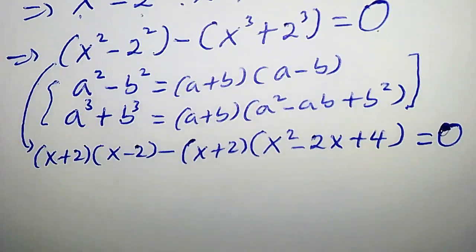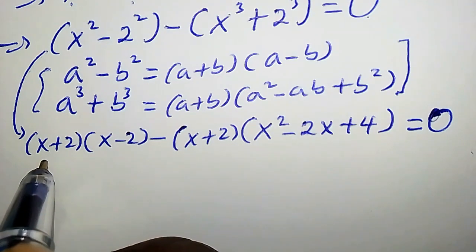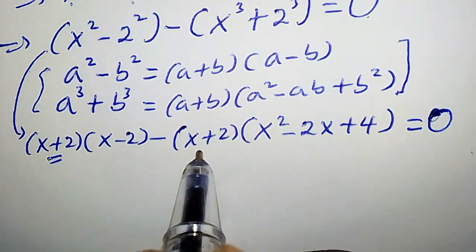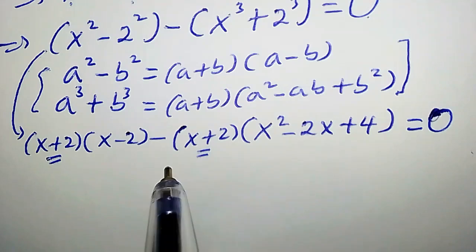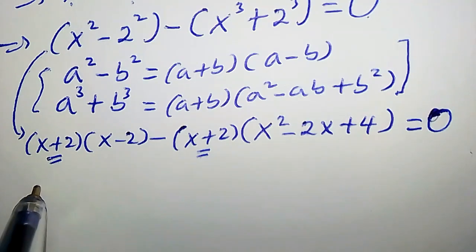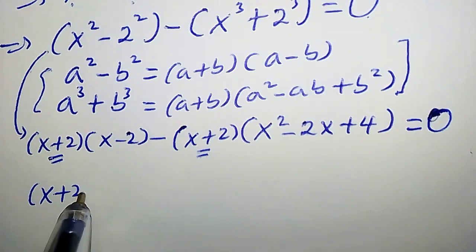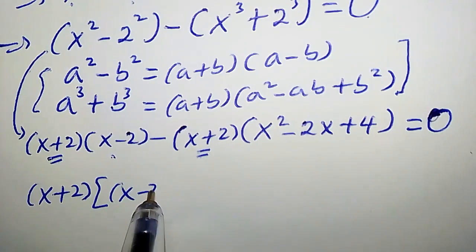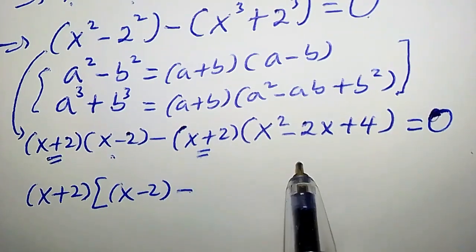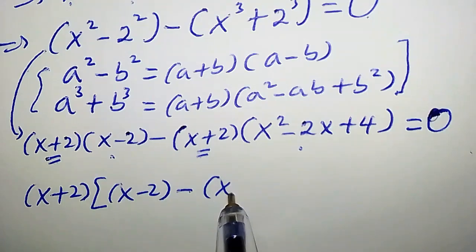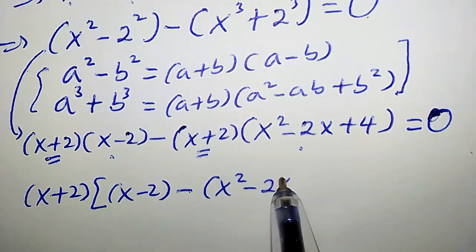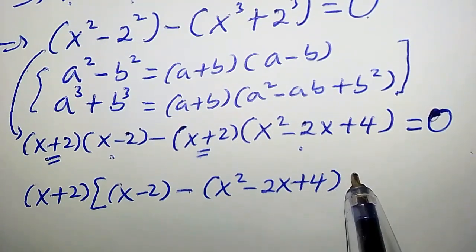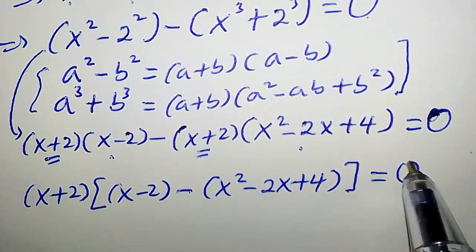Let's continue. You will observe that x plus 2 is common. I can bring it out. So I have x plus 2 into x minus 2 minus x squared minus 2x plus 4 equal to 0.